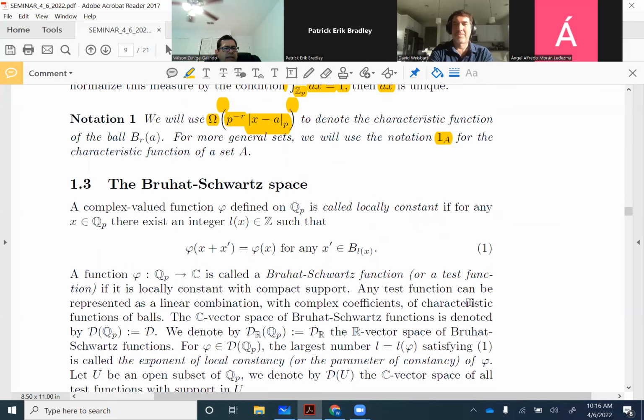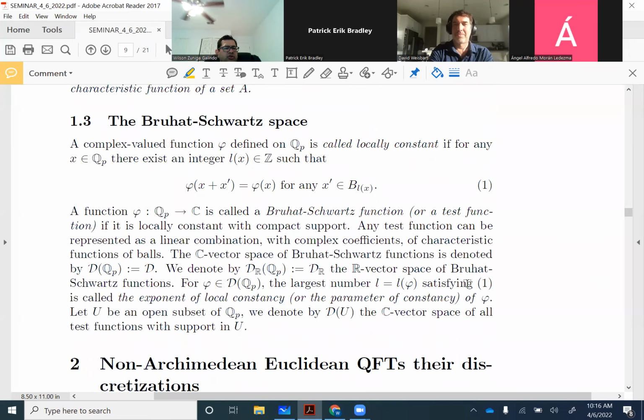Now, the Bruhat-Schwartz space. We work here with complex valued functions defined on Q_p. A function phi is called locally constant if given any point x in the domain, there is an integer l depending on x such that identity 1 holds.